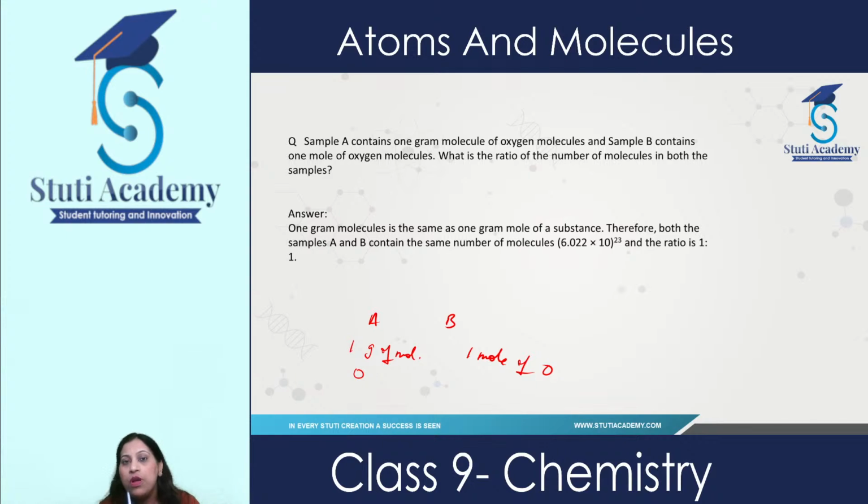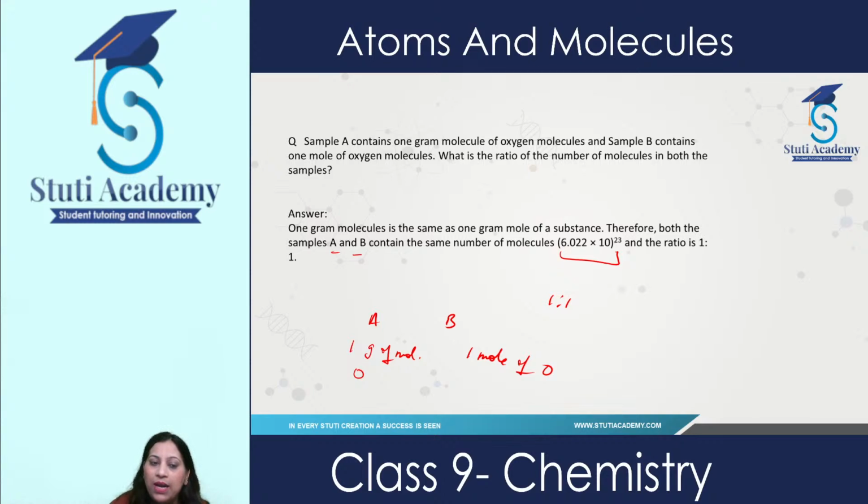As I told you, 1 gram molecule, 1 mole or 1 atomic mass unit is always equivalent to Avogadro's number. Therefore, in both the samples, whether it is A or B, they contain the same number of molecules, which is equivalent to Avogadro's number. And the ratio is 1:1.